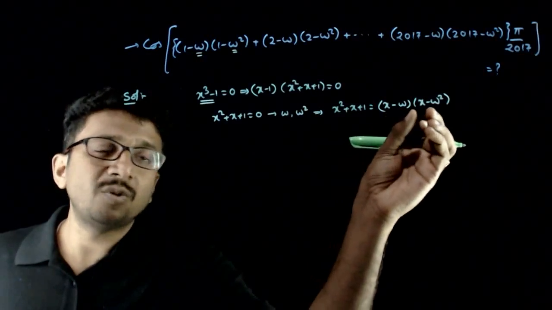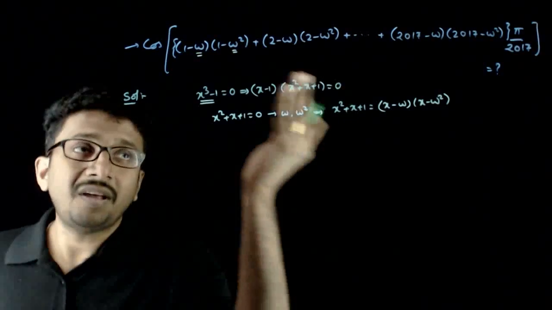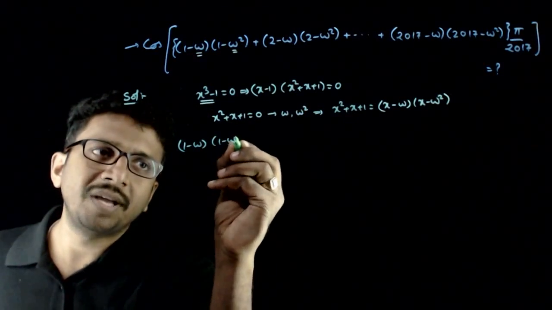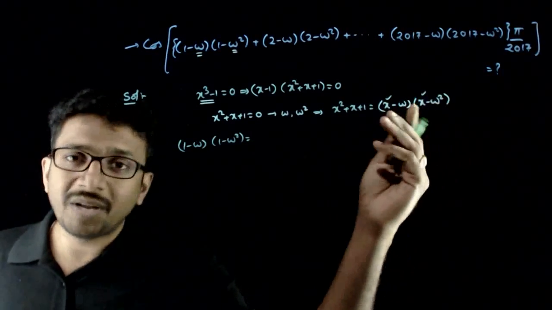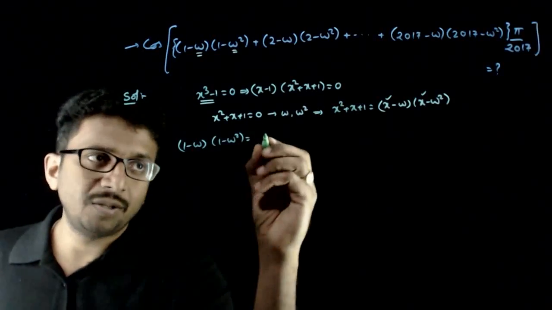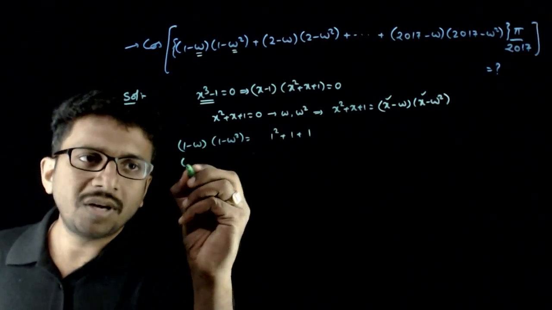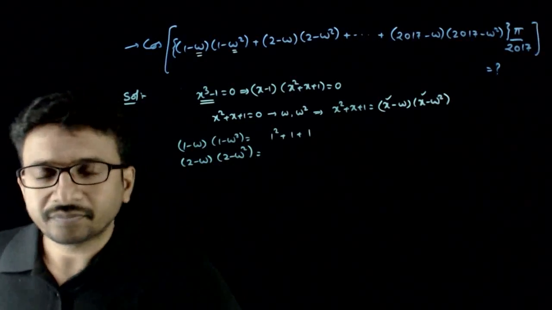Now let us try to relate this concept with this question. What is (1 minus omega)(1 minus omega square)? According to this, I just put 1 in the place of x, so on the left hand side also it is 1 square plus 1 plus 1. What is (2 minus omega)(2 minus omega square)?